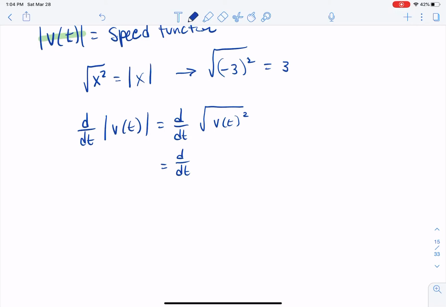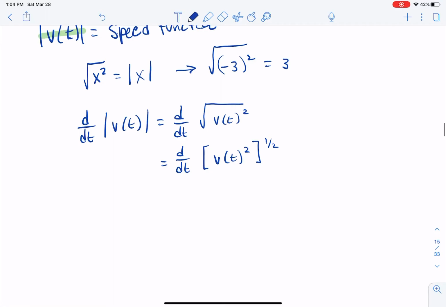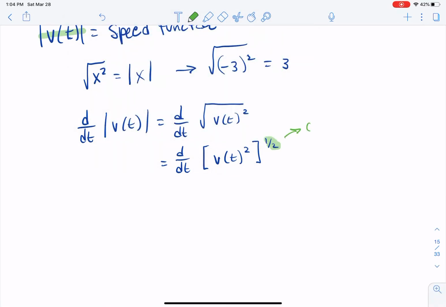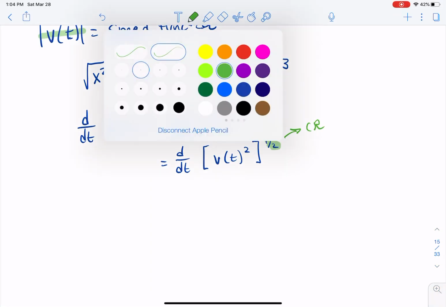So it's like this. I've got the velocity function inside here, which we're squaring, and then we're going to raise that to the 1/2 power. And now I'm going to use the chain rule on this. The reason why I've got to do chain rules is because there's stuff inside of the 1/2. And then we're going to have to do it again because the velocity function is also squared. It's like a double chain rule here.